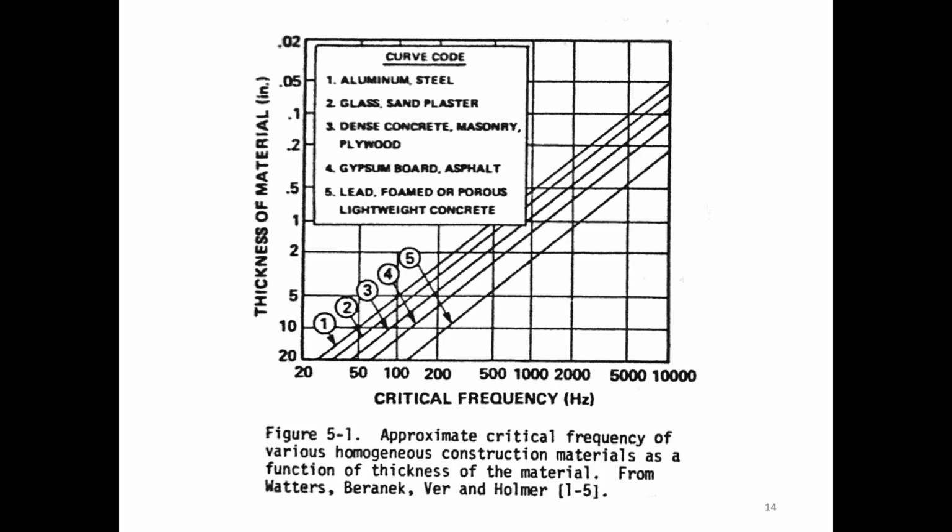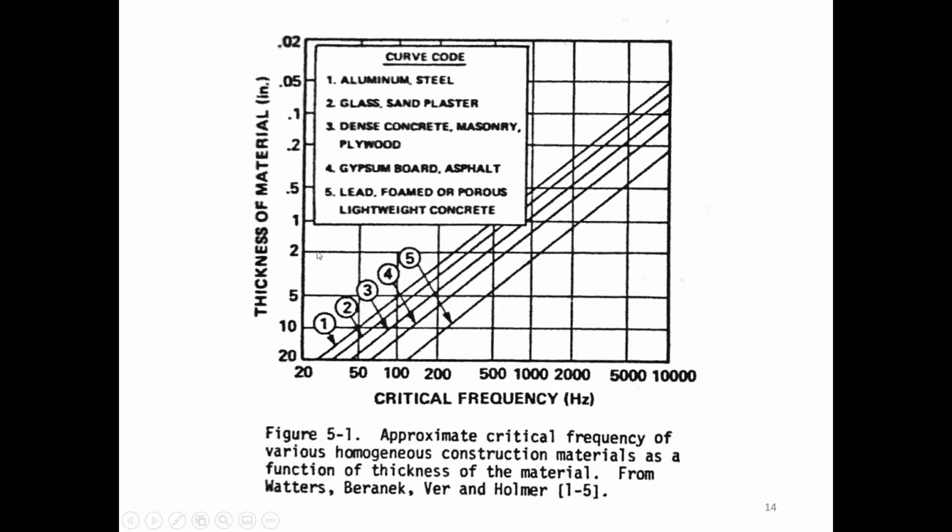So this table is not from the book, it's from a different resource, but here for common building materials. So not only architectural, but say enclosures, some like a mechanical system. Lead isn't so common anymore.